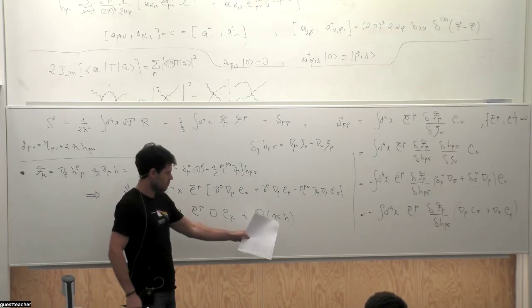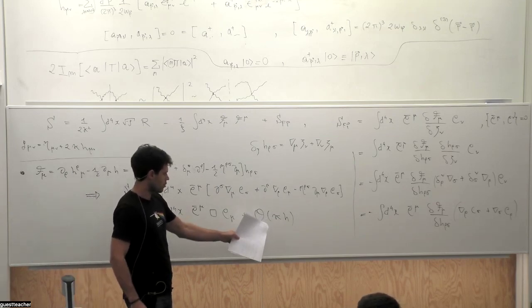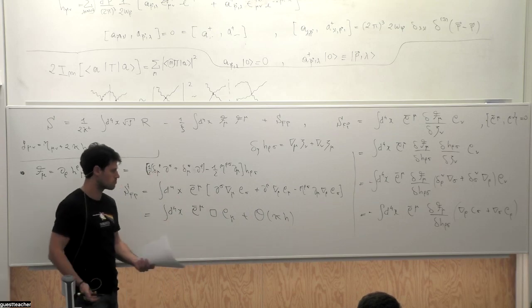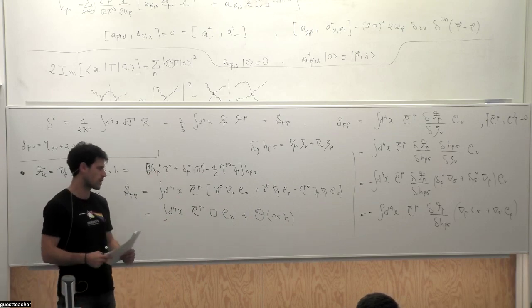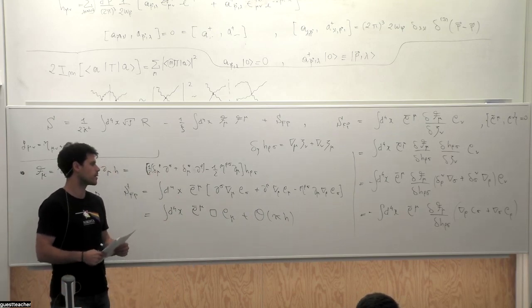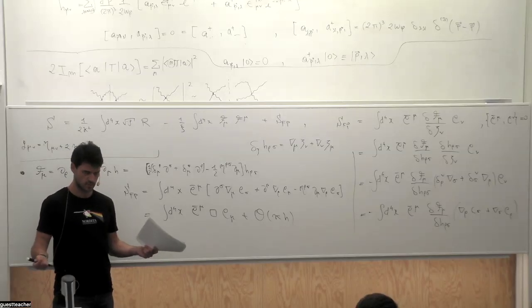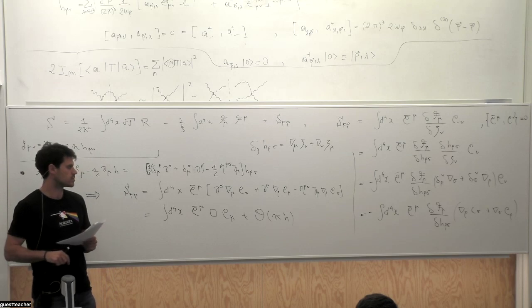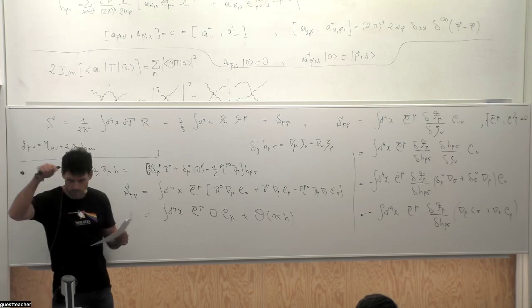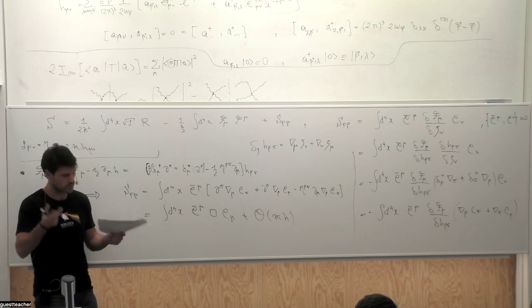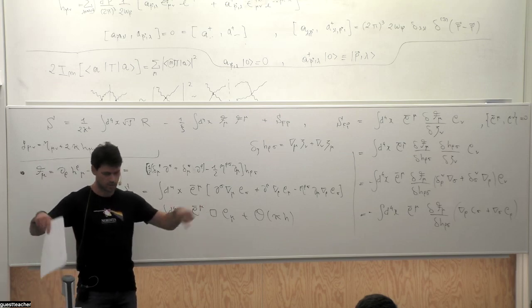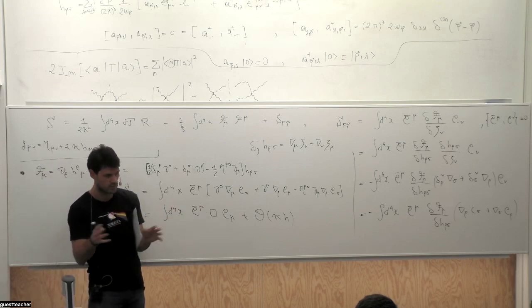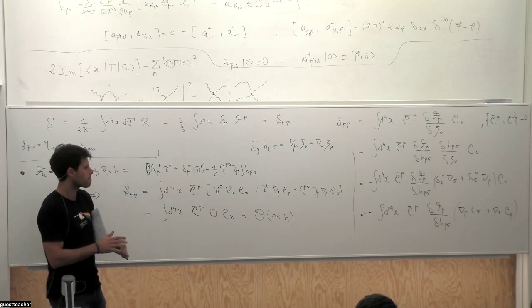Now, one point, of course, is why they're called ghosts. I'm not completely sure. I think the name ghost should come from the fact that they do not appear as on-shell states, but only as internal loop degrees of freedom. They don't appear as on-shell states, they only appear through loops. So we never see them, so they're ghosts. Somehow they hide inside the loops.